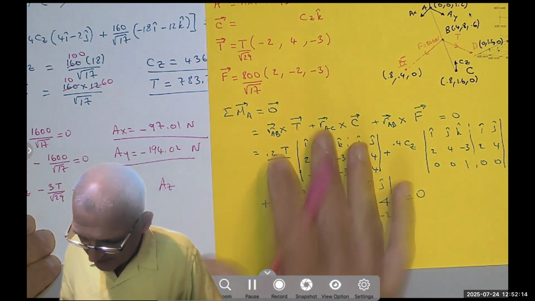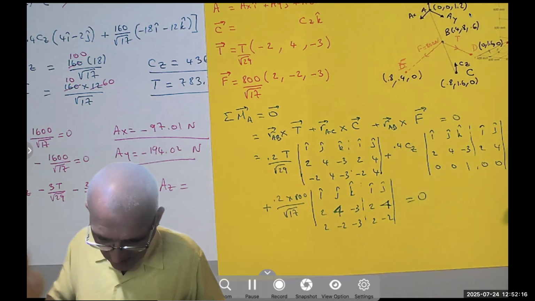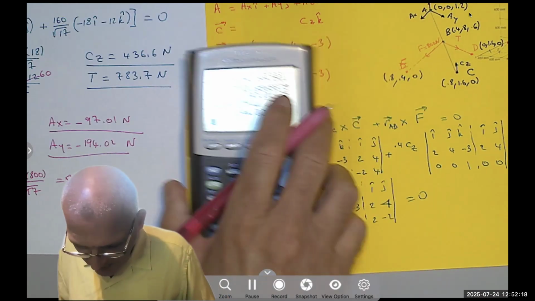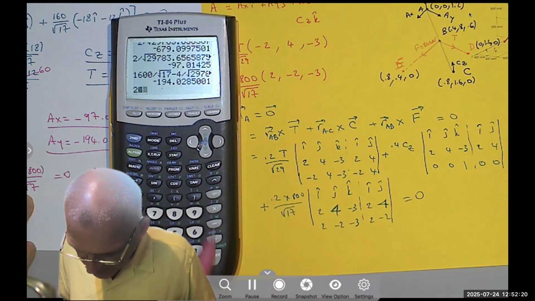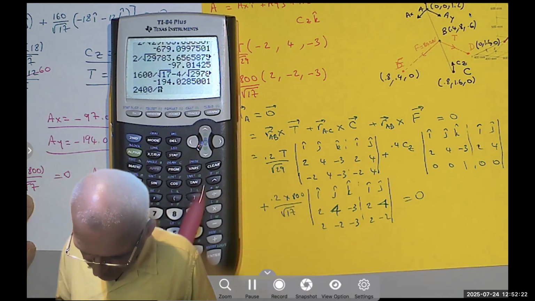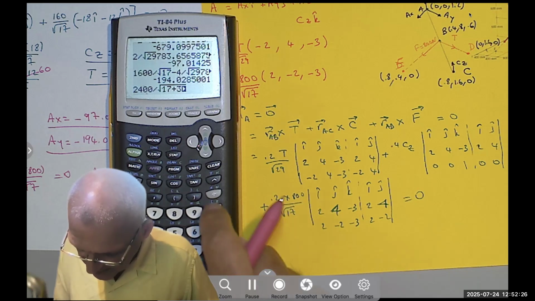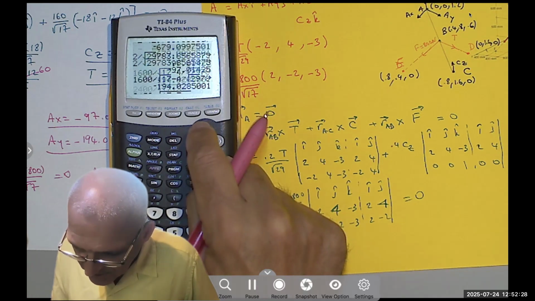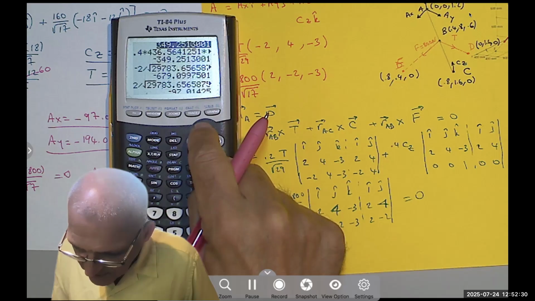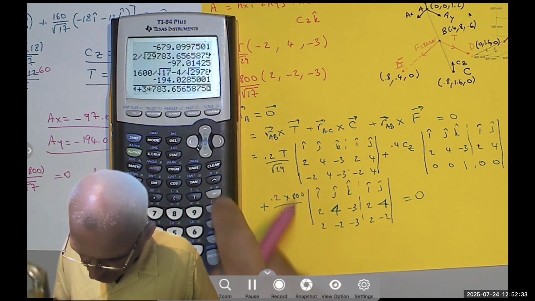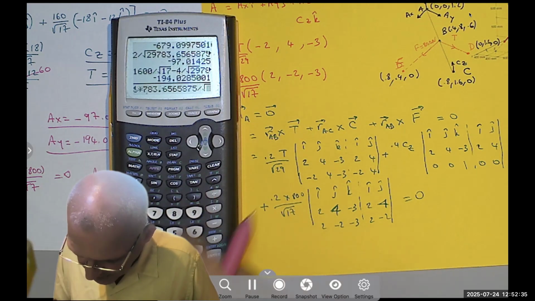So that would be positive, right? Because I'm going to take 2400 divided by the square root of 17 plus 3 times the tension, which was 700. This guy over the square root of 29.